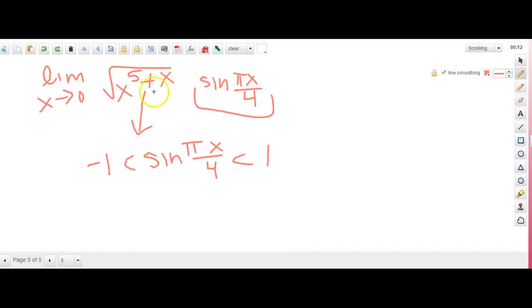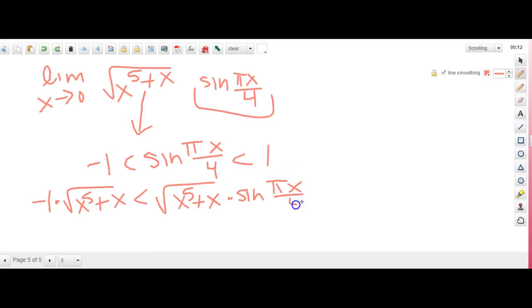Now we know all radicals come out positive, so this time we don't need an absolute value bar. Okay, so we put our square root in, so now this middle looks like our function here.